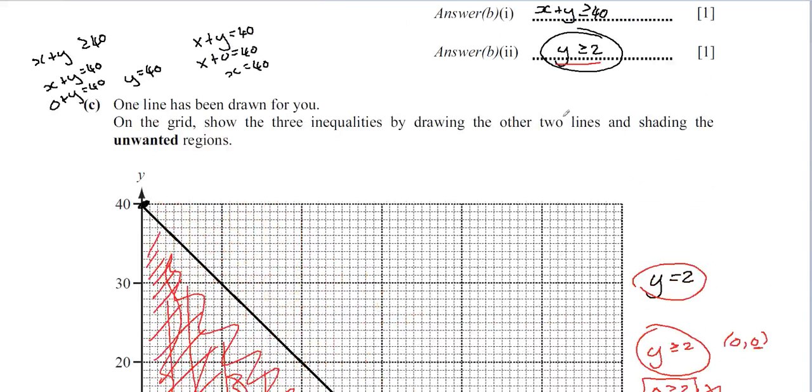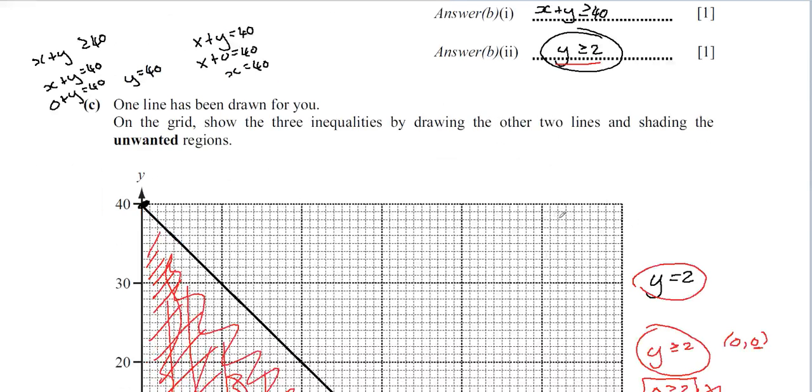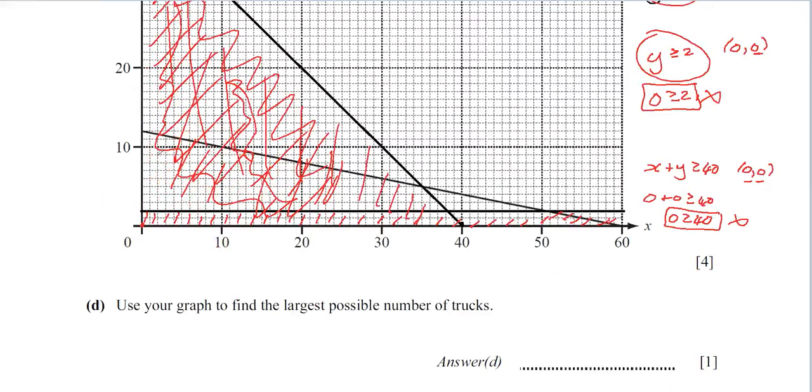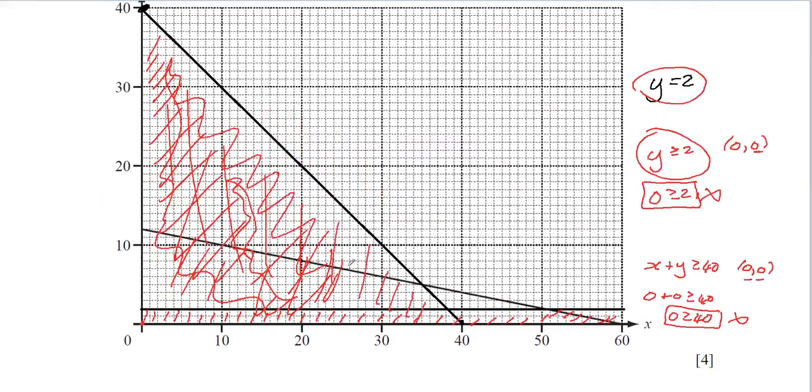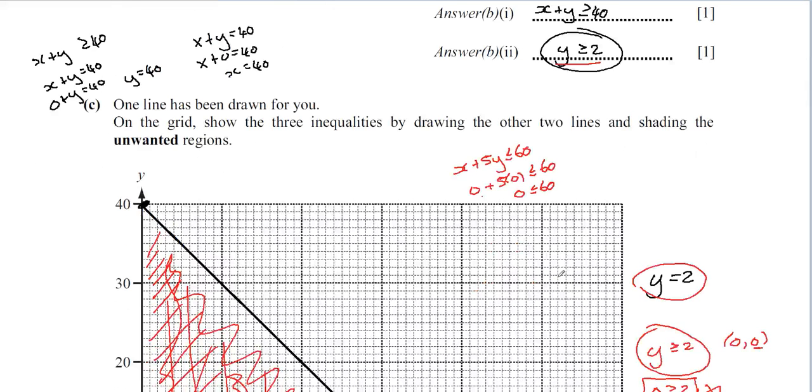And the last line, which is x plus 5y is less than or equal to 60. Let's take the same point. 0, 0 is a point below this line. So when x is 0, y is 0, 0 plus 5 times 0 is 0, which is less than or equal to 60.